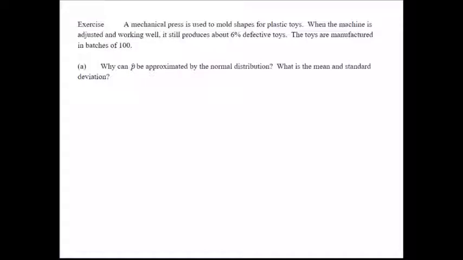So, first, why can p hat be approximated by the normal distribution? In this case, the probability, now this is going to be kind of backwards, of what we're looking for is 0.06, and then 0.94. So even though defective is not a positive thing, in this case, that's what we're looking at. So the mean is just this 0.06.